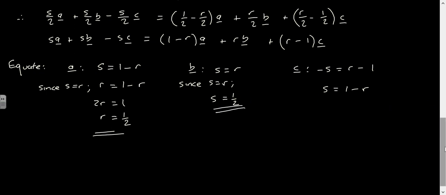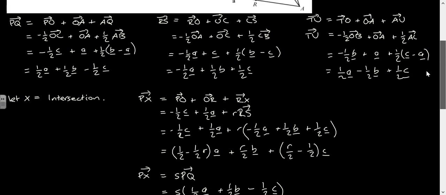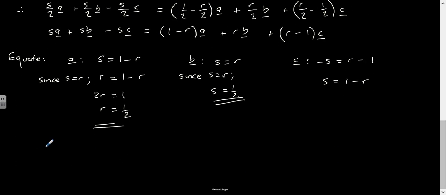Now what does that mean? Well, that means that the journey from P to X is 1/2 of the journey from P to Q. So therefore, PX equals half PQ. And it also means that RX is half RS.